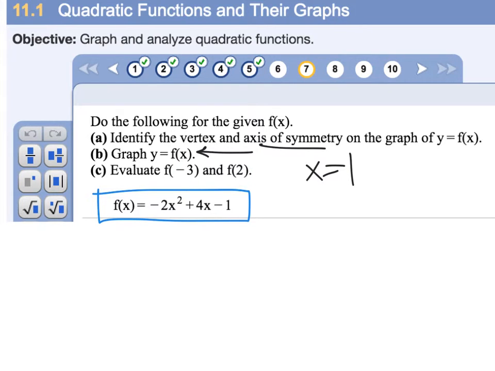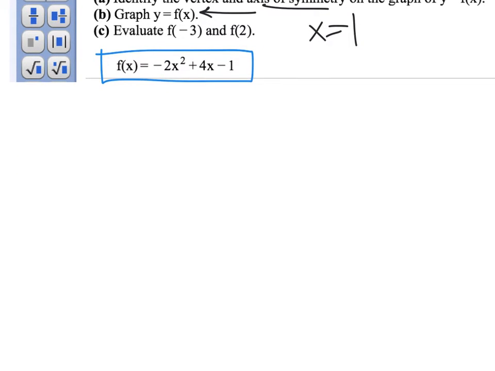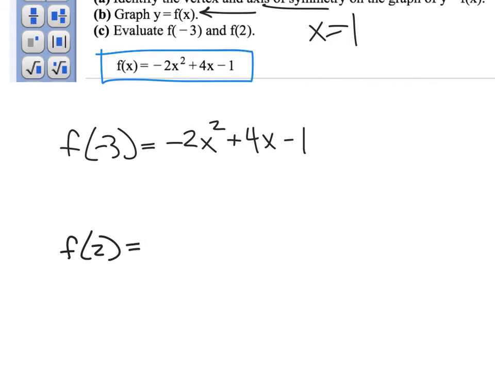Basically, you're going to take your equation and substitute f of -3 into your original equation right here. And then you're going to do the same thing with 2. So it's going to be f of 2, and you're going to put that into your equation. All right. And there you have it.